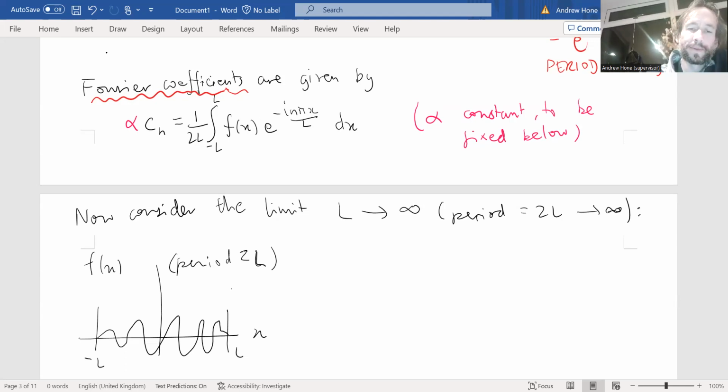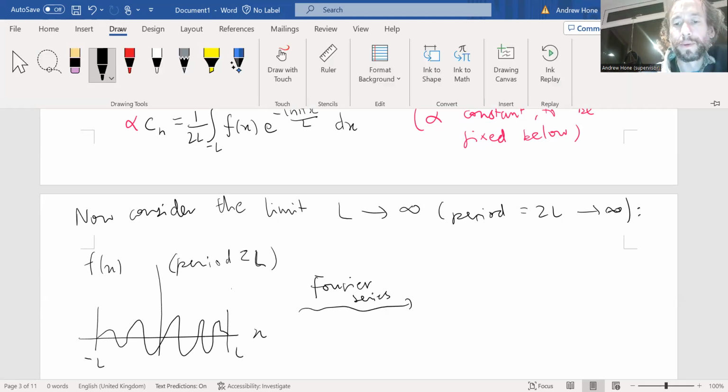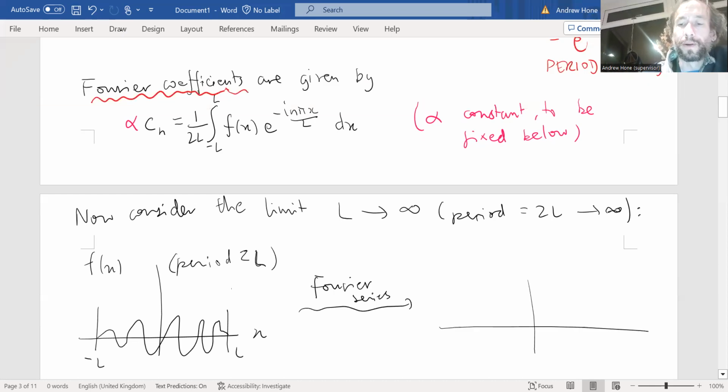And then for the Fourier series, what you have is some values. So let's draw another graph. This is a kind of strange graph maybe to draw, but we have Cn.